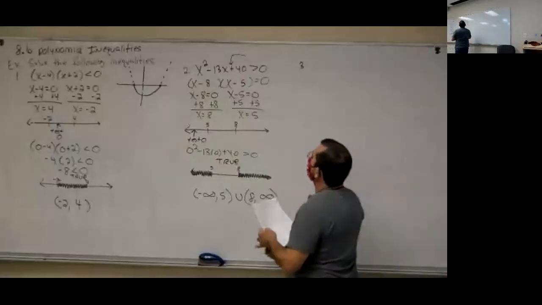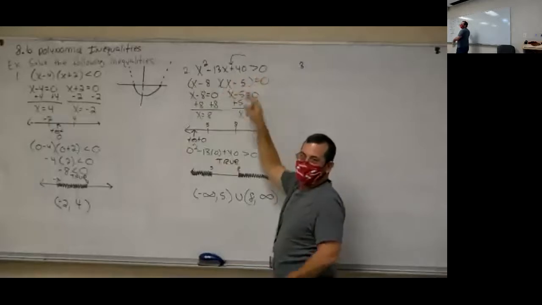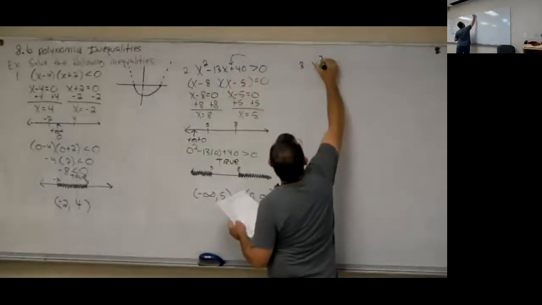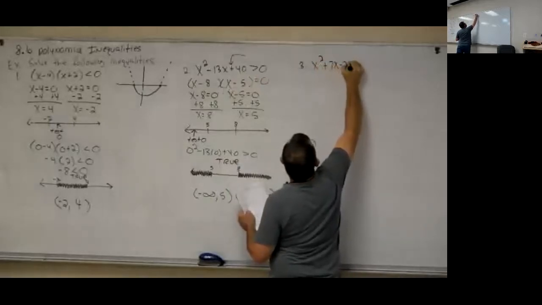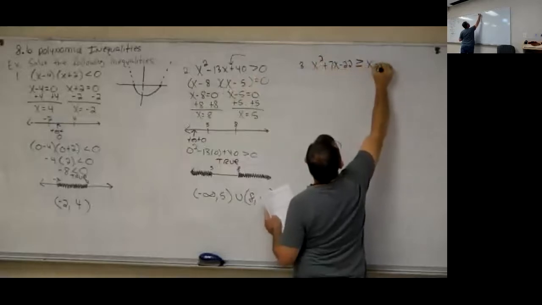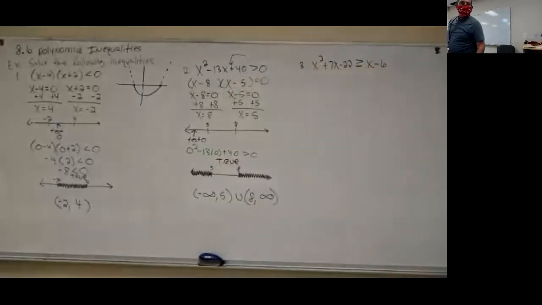Now, they're not going to give me everything on one side and a 0 on the other, right? So what they did now, they put me at x squared plus 7x minus 22 is greater than or equal to x minus 6. So where the x minus 6 is, I really need a 0 on that side.